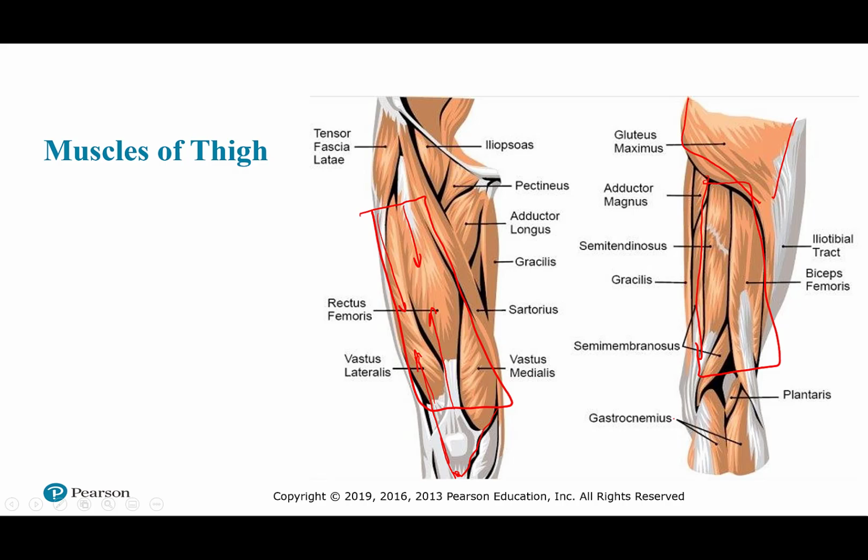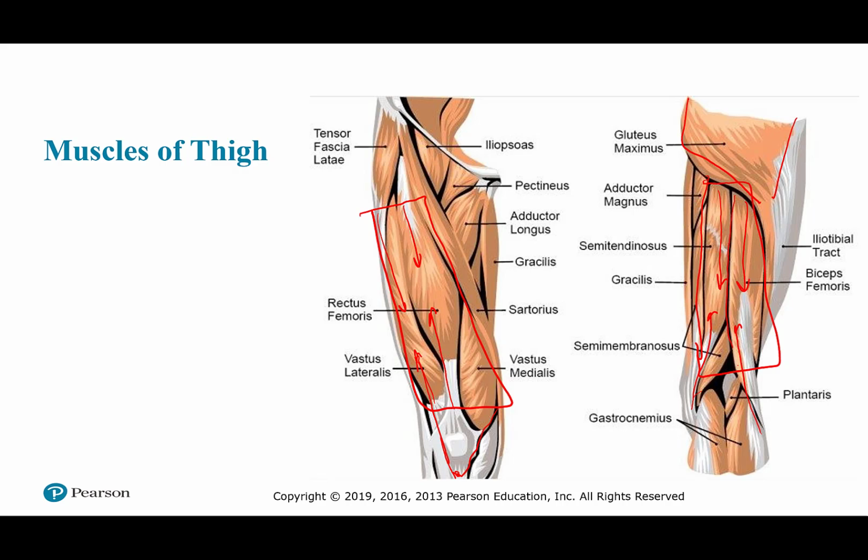In comparison to the hamstring group, which is on the posterior aspect of the thigh, they also attach toward the tibia, the lower leg bones, but because they are on the posterior aspect, they're going to flex the leg when they contract. With the hamstrings, we have three muscles.